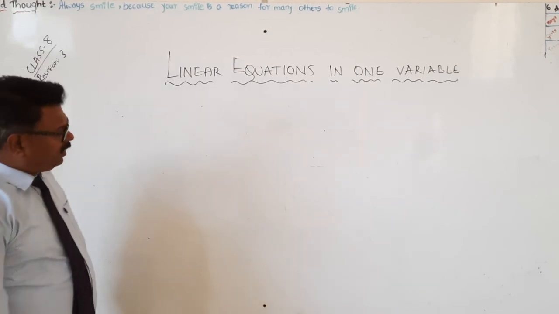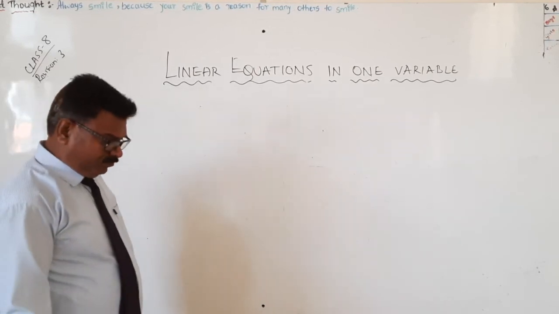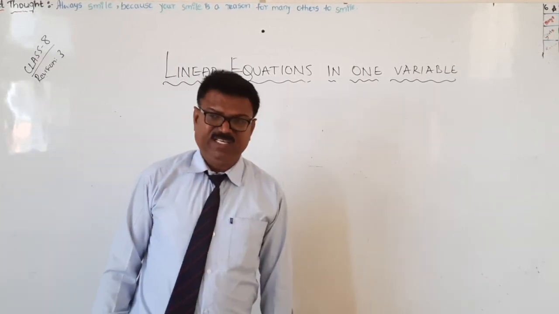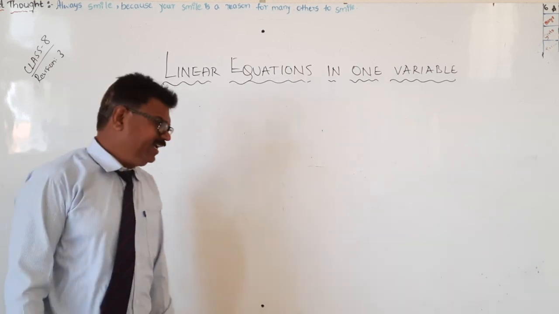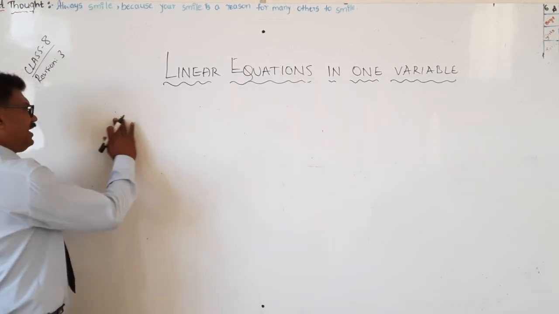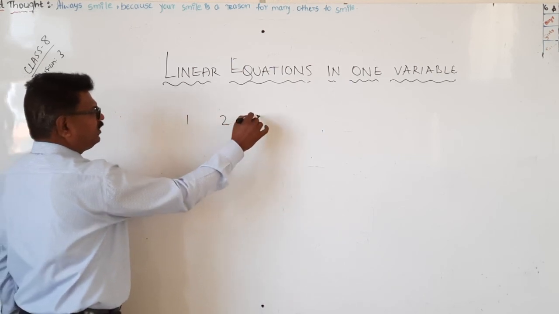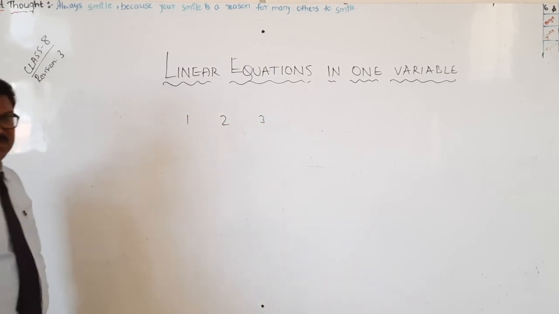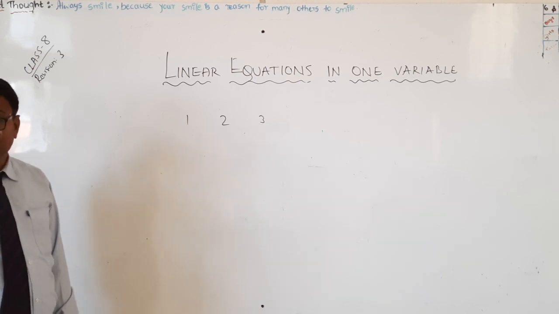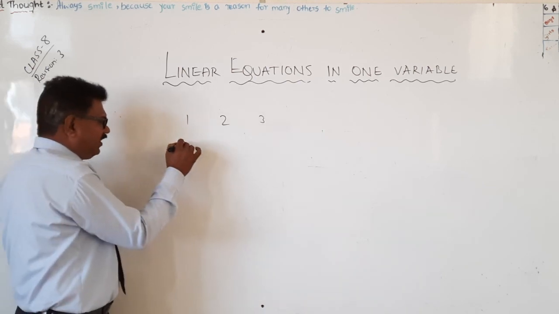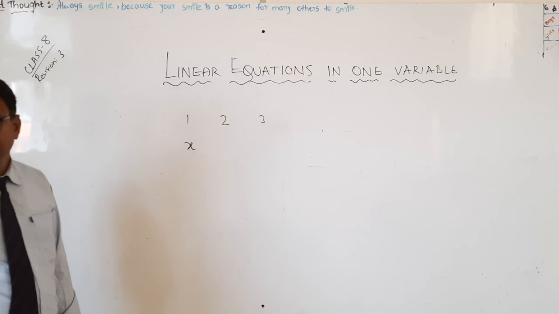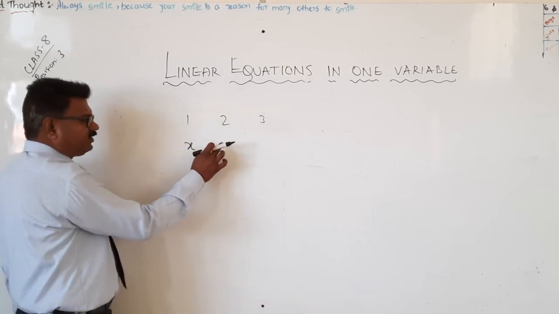Yes. One more problem. The sum of three consecutive numbers. See, continuous numbers means what? For example, 1, 2, 3. These are all continuous numbers. Instead of 1, if I take x, then what about this?